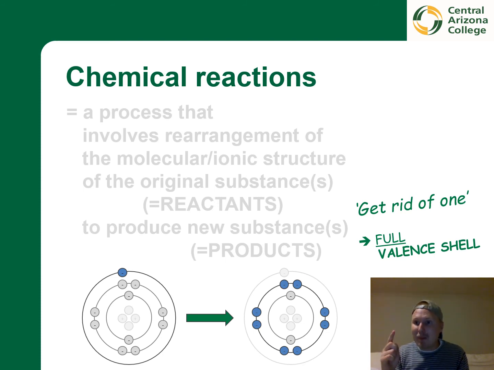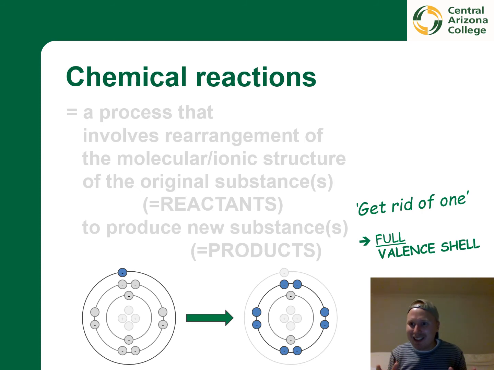And this happens to be the third shell. So for this situation to have come about, there must be a full second shell underneath with 8 electrons on there. So in order to get a full valence shell, the easiest way for this atom to achieve this is to get rid of one electron.